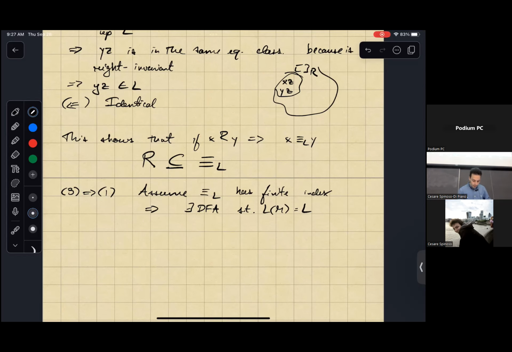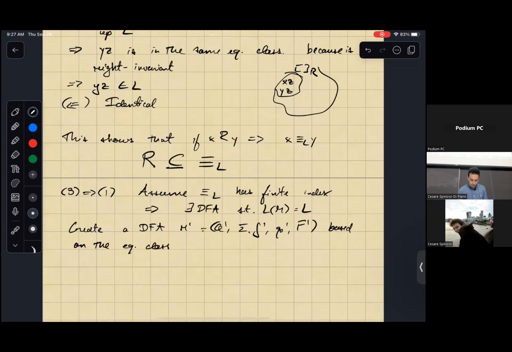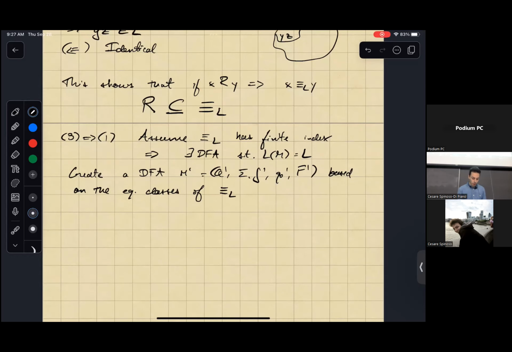So I'm going to create a DFA M prime, which will look like Q prime, sigma, delta prime, Q0 prime, F prime, based on the equivalence classes of the Myhill-Nerode relation.